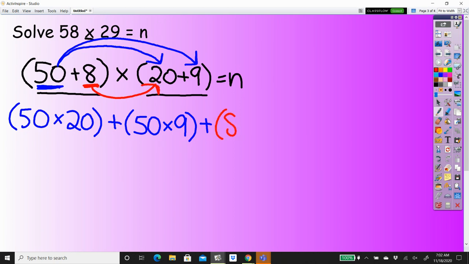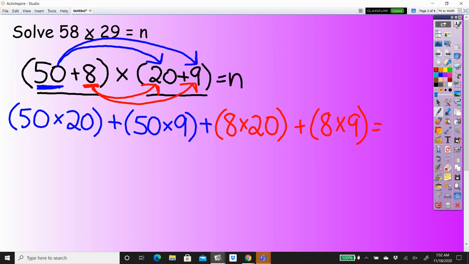So I continue, plus 8 times 9 equals N. Okay, so now I am done with step 2. I distributed all the factors on the left to all the factors on the right.